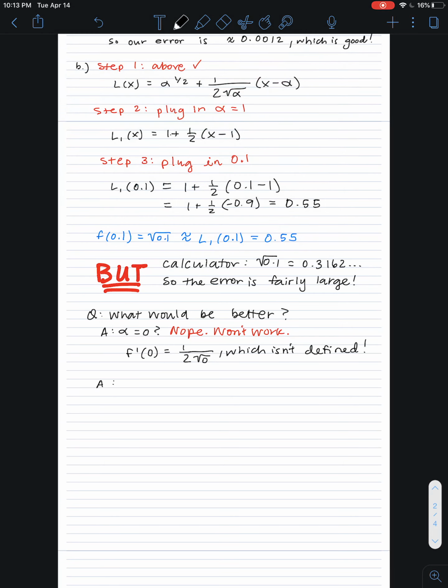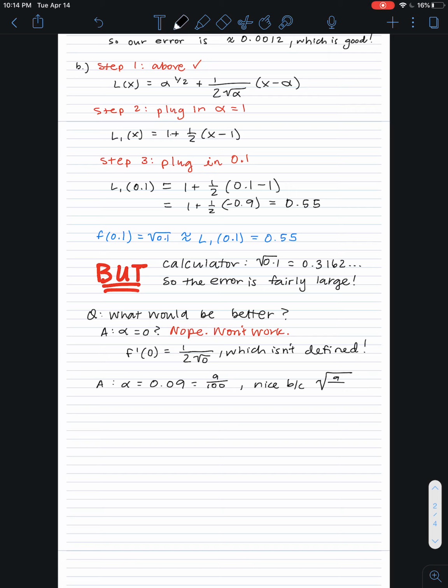So we could try something that's not 0, but is still close to 0.1. And I'm going to suggest something and then explain why I'm going to use it. So 0.1 is pretty close to 0.09, right? We're just 1/100th off. And that's the same as 9 over 100, which is nice because we're dealing with square roots.